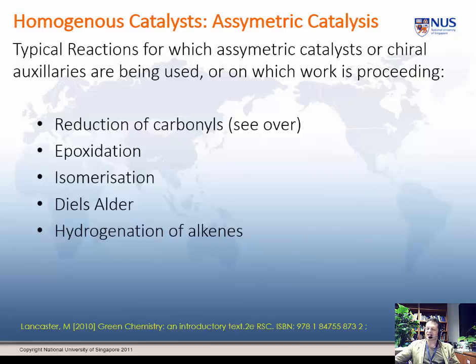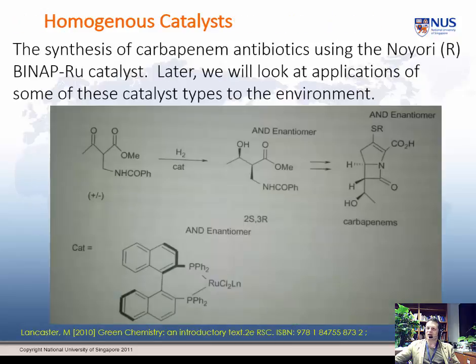The aim is to get these catalysts into the bulk chemical industry. Okay, but here is a pharmaceutical example, and we're looking at a BINAP ruthenium catalyst, a Noyori catalyst, and you can see it's being used here. No great heavy chemistry, but enantiomerically pure product using this ruthenium catalyst.